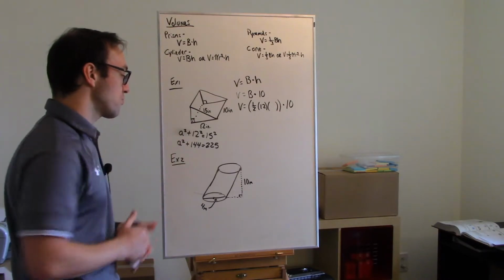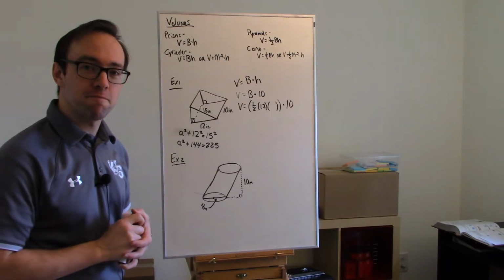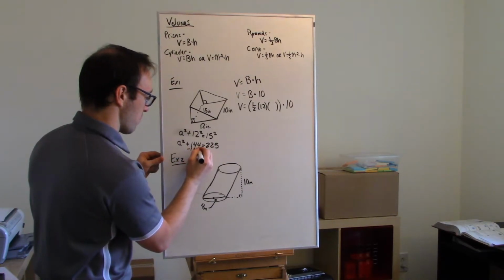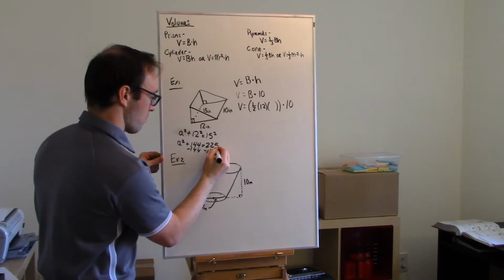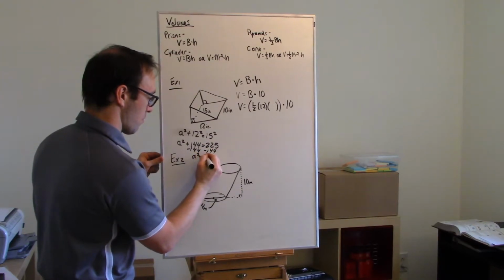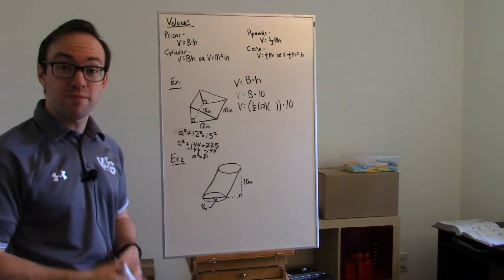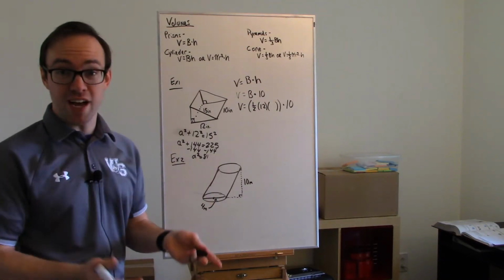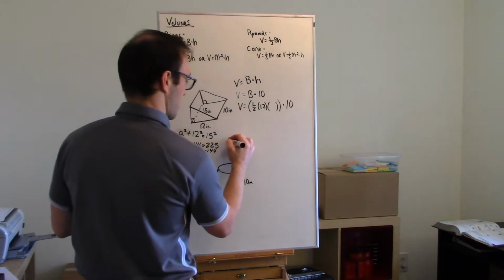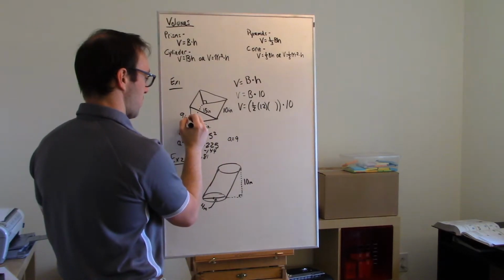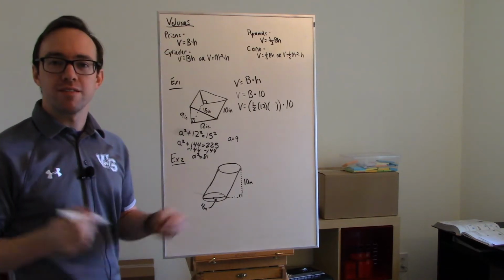So a squared plus 144 equals 225. A squared equals 81. So in this case, we'll square root both sides, and a is 9 inches.